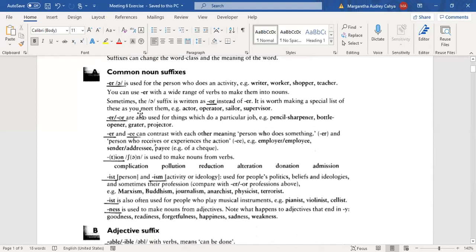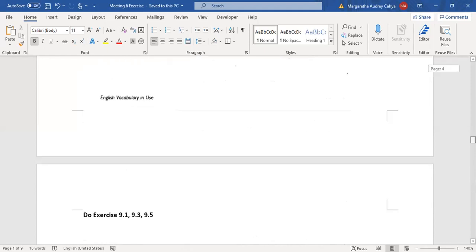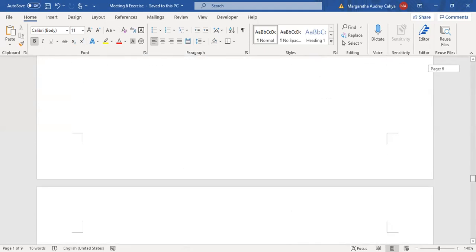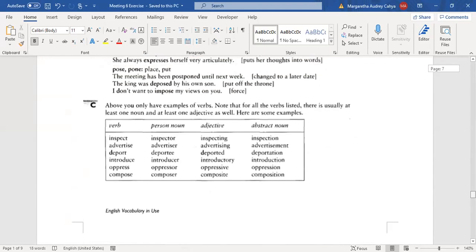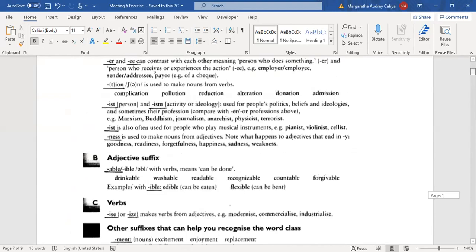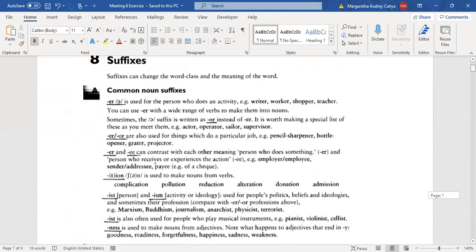ER is usually going to be about a person. It's the same as what we have talked about in the root words. See, it's going to become a person noun. We have talked about that before.